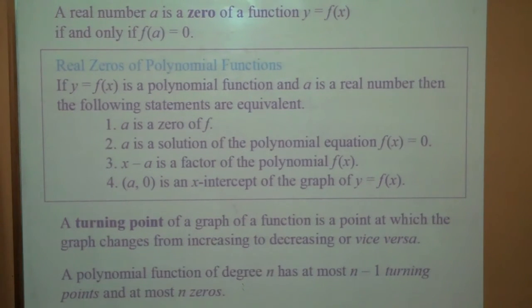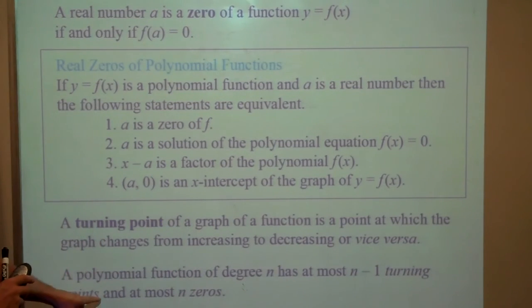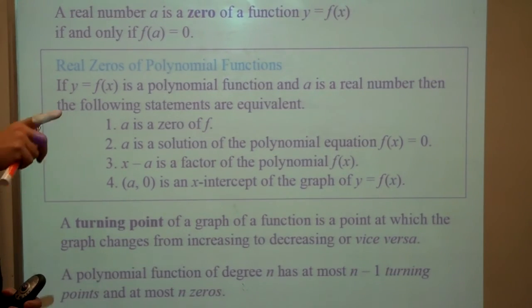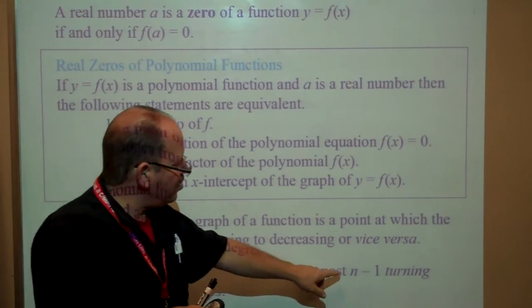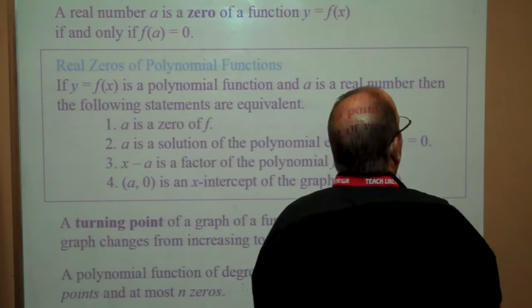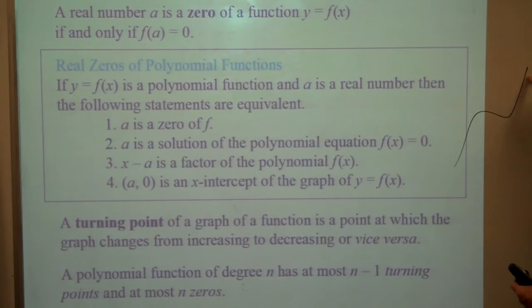Turning point of a graph. It's going to have, let's see, at most n minus 1 turning points. So if it's x squared, it has one turning point. Right? It's to the second power. It has n minus 1, 2 minus 1 turning points. If it's x cubed, it's going to have 3 minus 1 turning points.